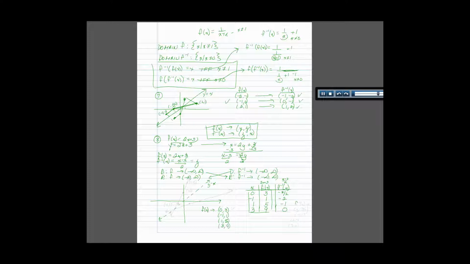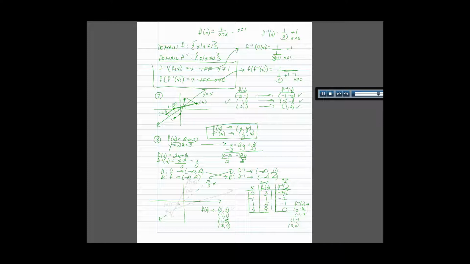And then if I list my f inverse points, here, that is this one and this one, I have the points (0, negative 3 halves), (negative 1, negative 2), (1, negative 1), and (3, 0). But I also have the reverses of these, (5, 1) and (9, 3). We know that. So you have enough points now to plot. I'm not going to do that on here because it's not going to turn out right. But you're going to see that they are mirror images across the line y equals x.